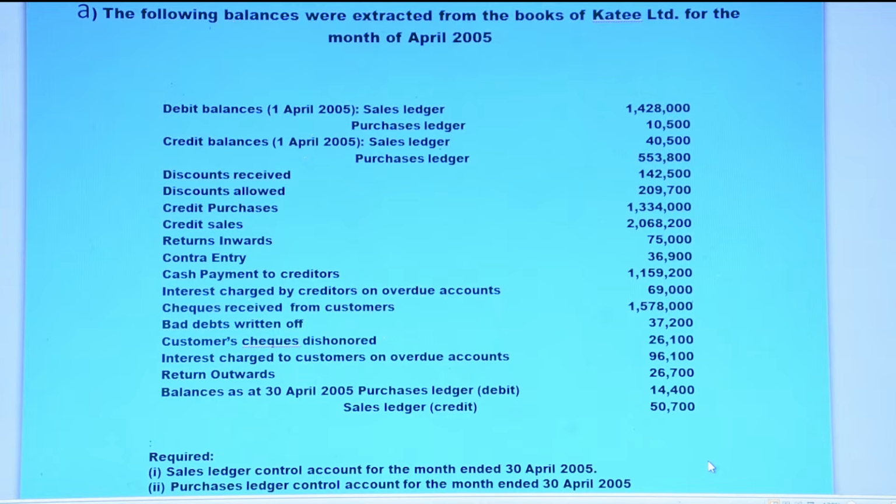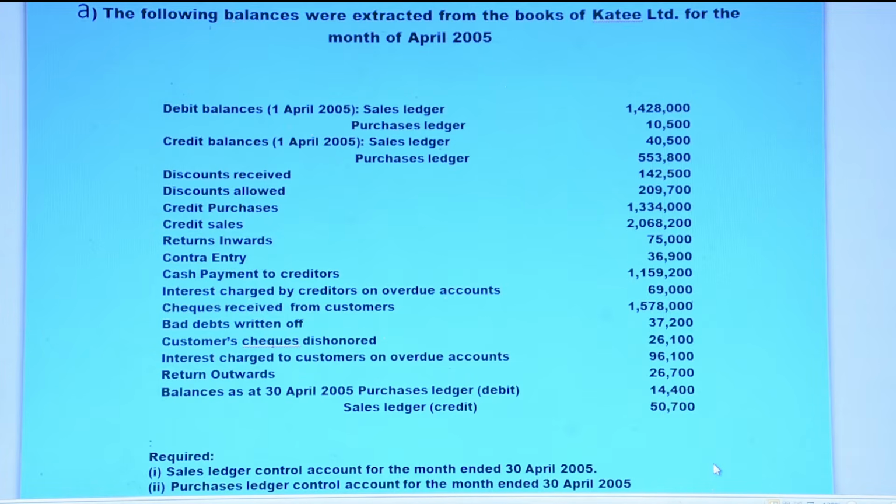You have discount received, discount allowed, credit purchases, credit sales, return inwards, contra entry, cash payment to creditors, interest charged by creditors, checks received from customers, bad debts written off, customers' check dishonored, interest charged to customers on their overdue accounts, return outwards, and then you have the balances.